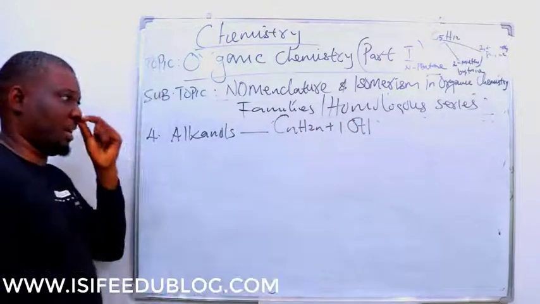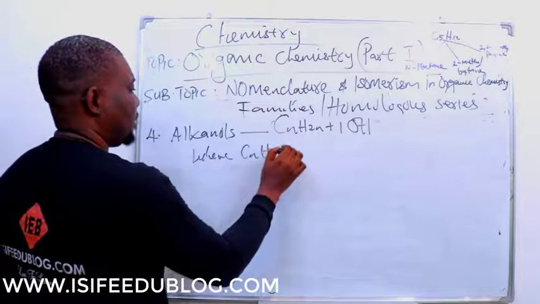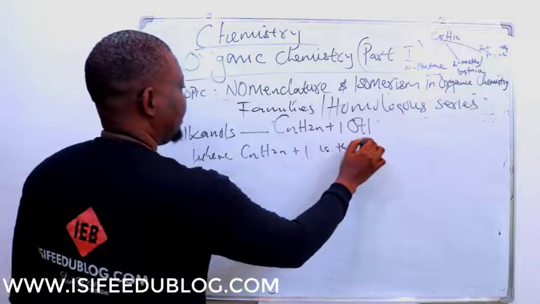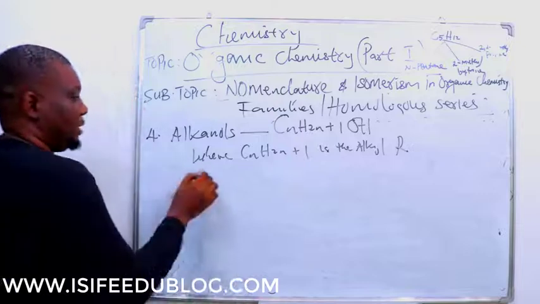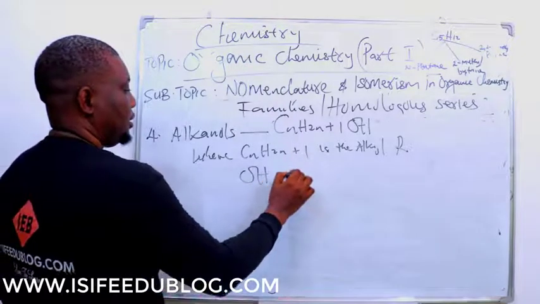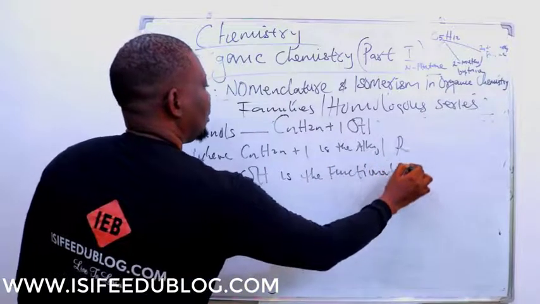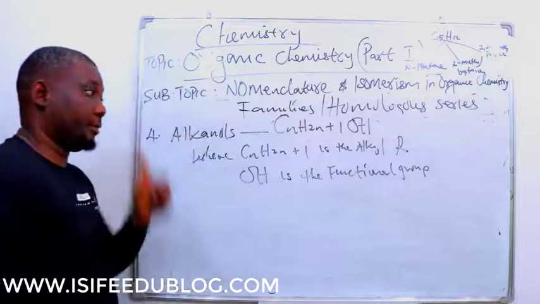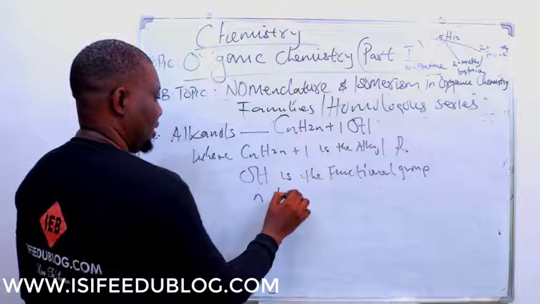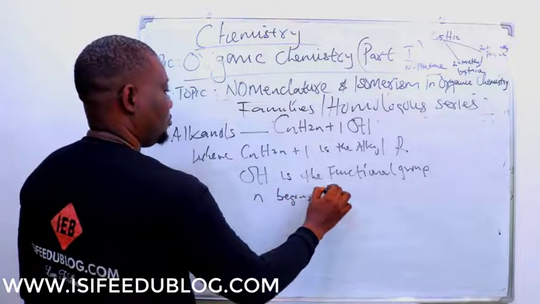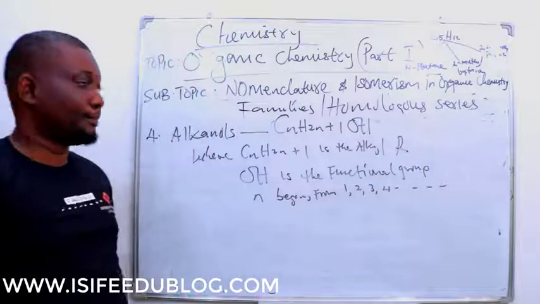But you must know something here: CnH2n plus 1 is the alkyl group, called R, and OH is the functional group. The value of n begins from 1, 2, 3, 4 to infinity.